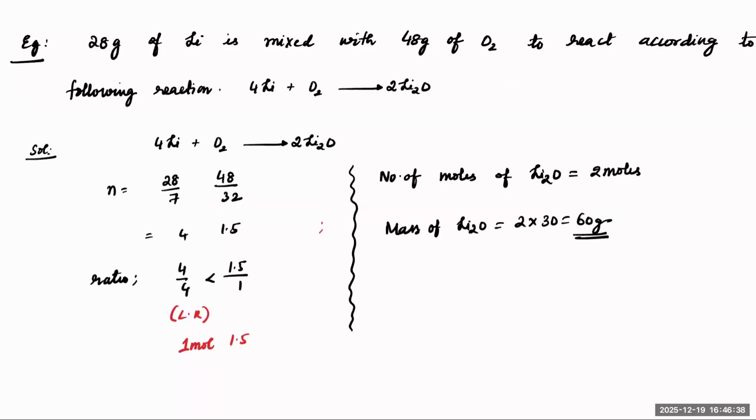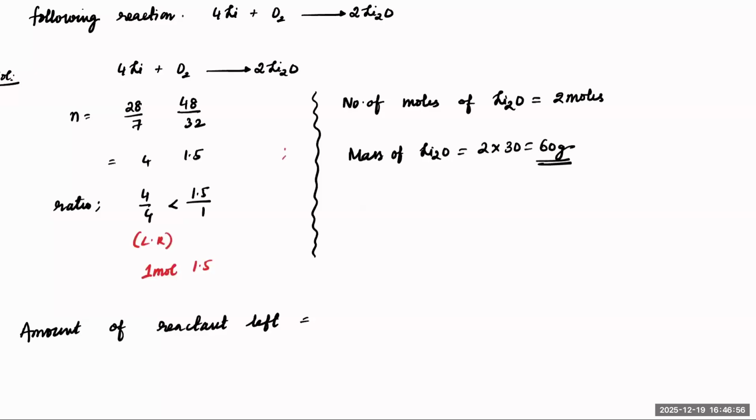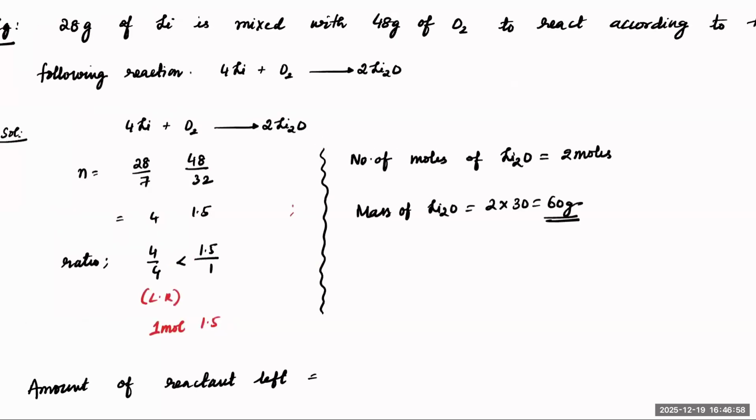If I asked you how much of the excess reagent is left over, the amount of reactant left will be equal to how much? Out of the 60 grams here, you are getting 2 moles as product. So you have to check between these two ratios. For every 2 moles, I'm expecting 1 mole is required.